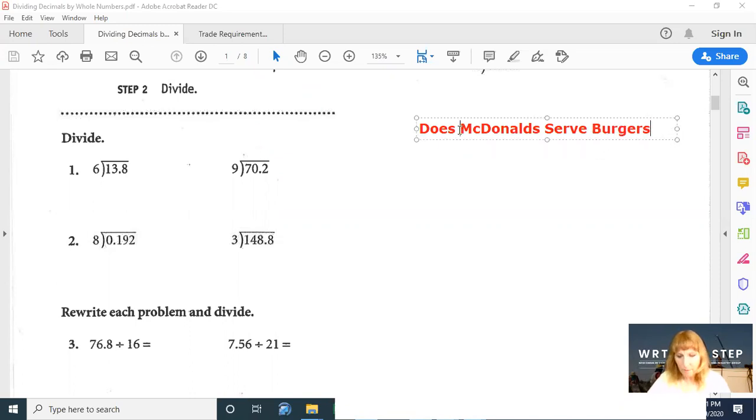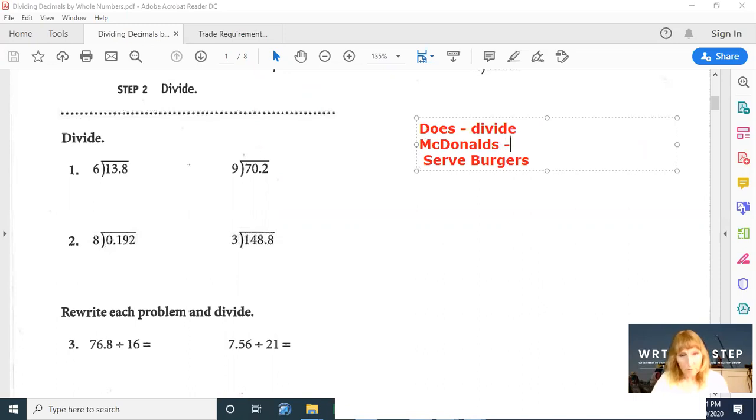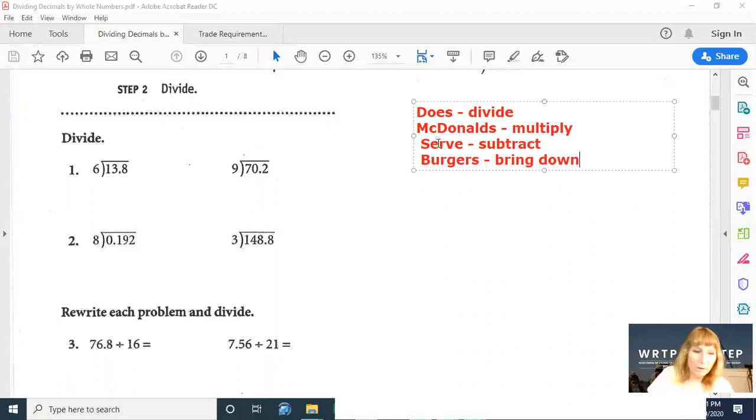The does stands for divide. The McDonald's, you guessed it, stands for multiply. The serve stands for subtract. And the burgers stands for bring down. So that is the method we will be using when we do these division problems.